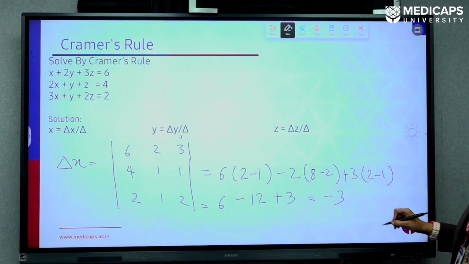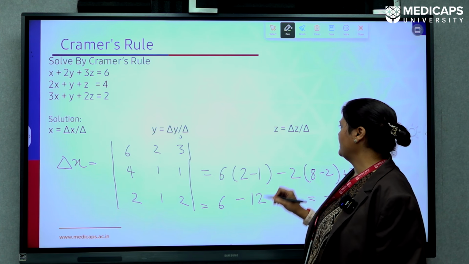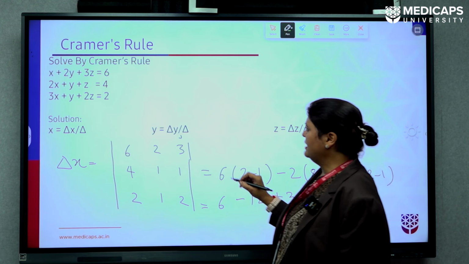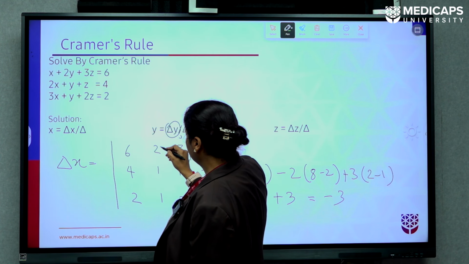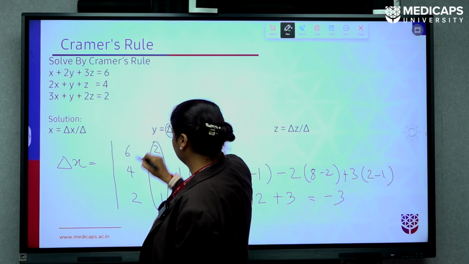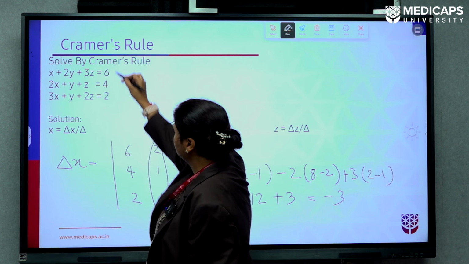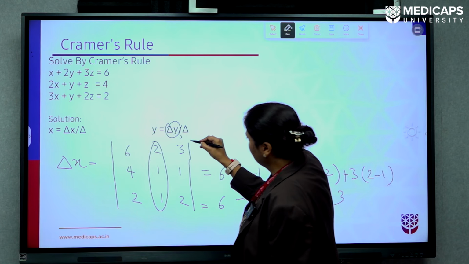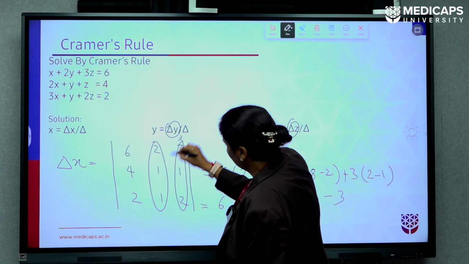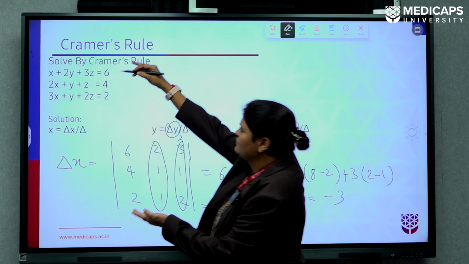In the same manner, we have to calculate del y and del z. So what will we do for del y? For del y, what we have to do is substitute 6, 4, 2 in place of the y coefficients, and for del z we have to remove this and put 6, 4, 2.